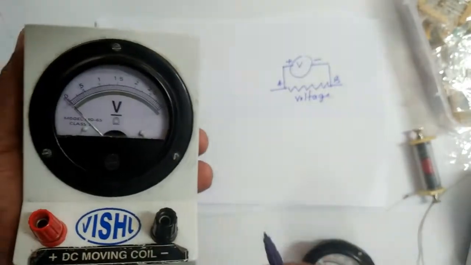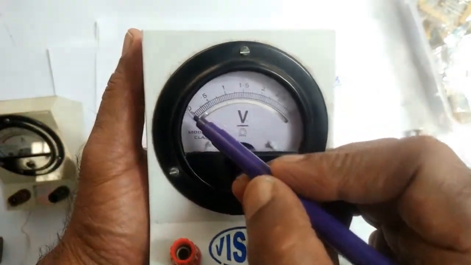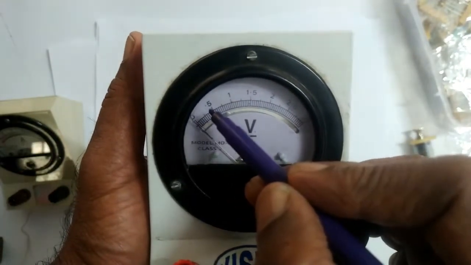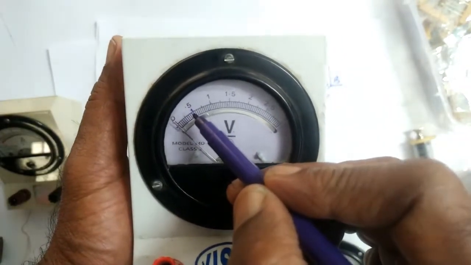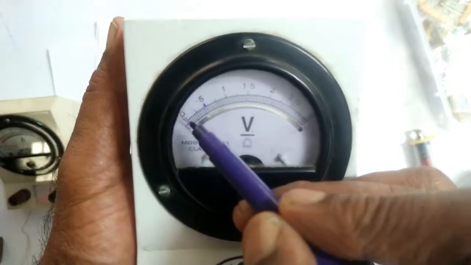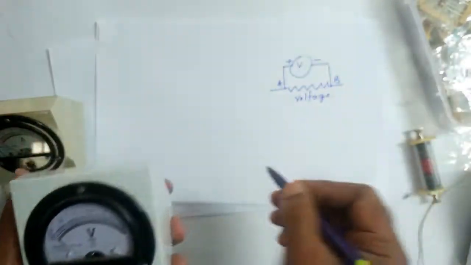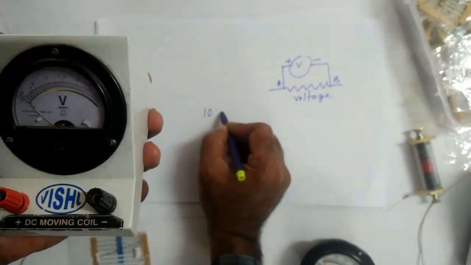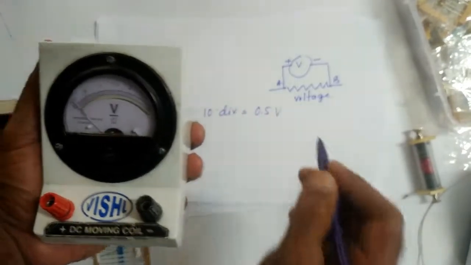So now let us talk about the least count. How to find the least count? You have to find the first value here. It's 0, and from 0 the next value is 0.5 volt. Please remember, it's not 5 volt, it's 0.5 volt. And find out how many divisions are there in between. There are 10 small divisions. So 10 small divisions is equal to 0.5 volt.